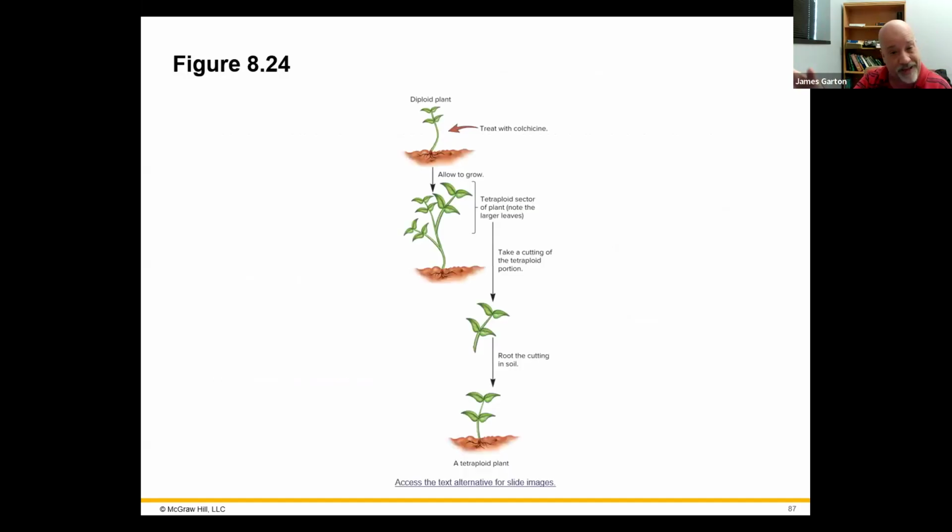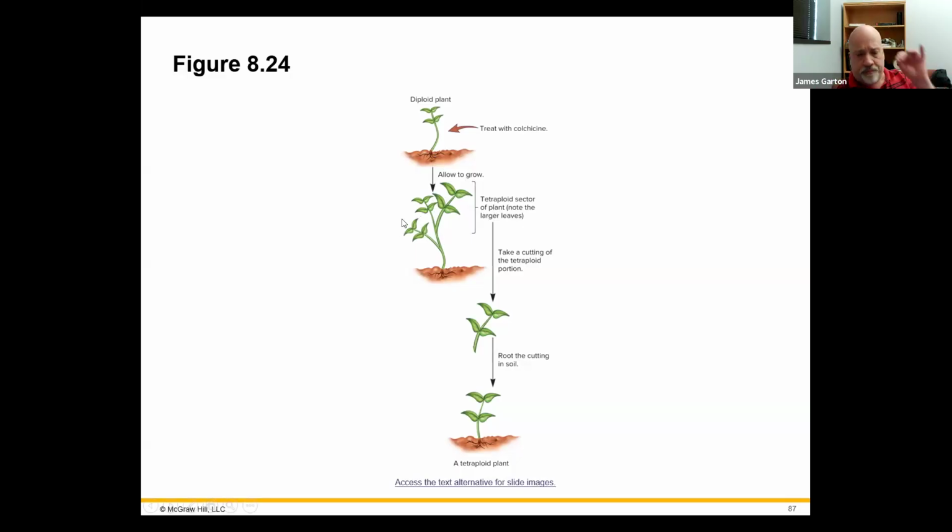And so you have a normal diploid plant. Treat part of it with colchicine. And so now you have a little patch where that plant is tetraploid. And in plants, you can usually tell because the tetraploid plant will usually be, well, I don't want to really say healthier, but you can measure the rate of growth or the size of the plant or the amount of flower set or something.